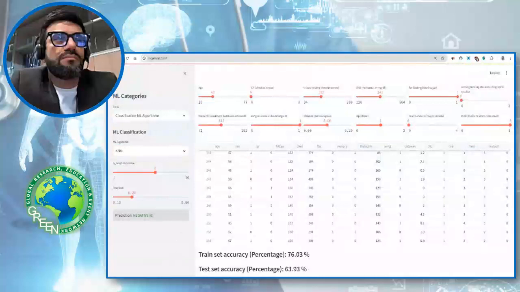So I think we have some knowledge, some idea about working with artificial intelligence, specifically machine learning, with other domains like the medical field or other industries.